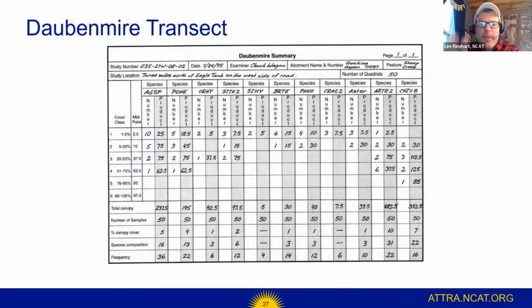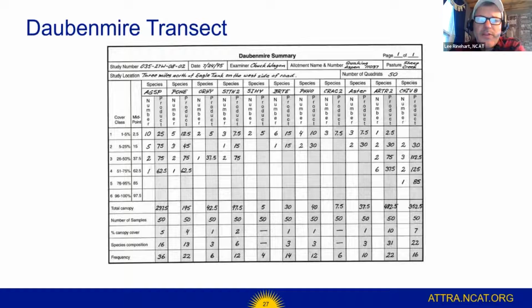And so he wrote those down there and did that for the rest of the different plants throughout all the quadrants. And then here's a little bit of the fun math part, because basically what you do here is you take the number of counts, say on the first line for cover class 1, there's 10, you multiply it by the midpoint of the cover class, which is 2.5, being the midpoint of 1 to 5%, and it gets you a product of 25.